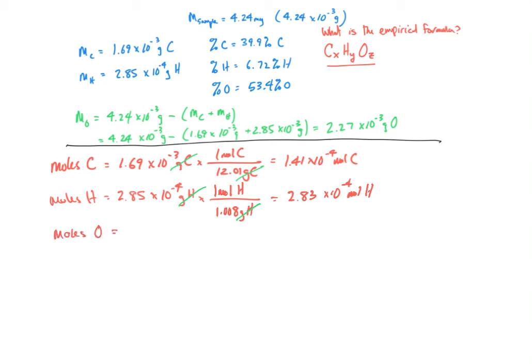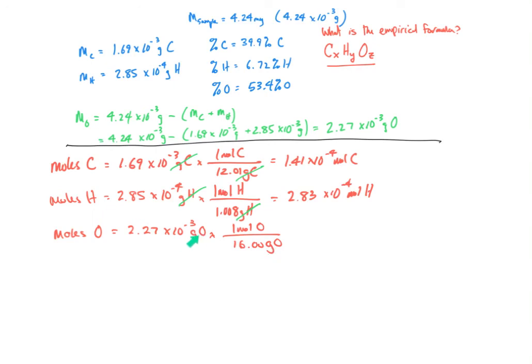So the moles of oxygen is going to equal 2.27 times 10 to the minus 3 grams oxygen times 1 mole of oxygen for every 16.00 grams of oxygen. Again, note, as before, this is grams hydrogen, not H2. This is the mass of one oxygen, not O2.